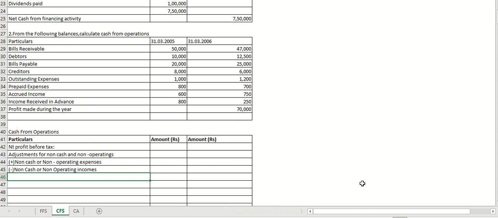Then after doing all this, you'll get something called operating profit before working capital changes.